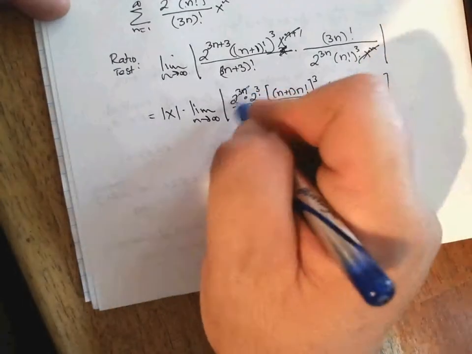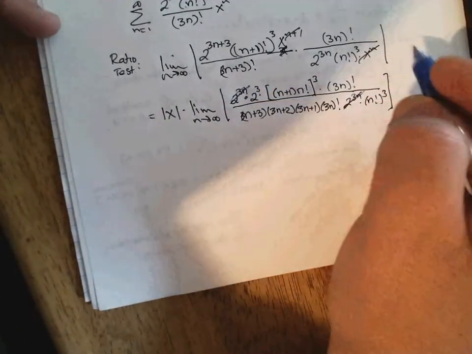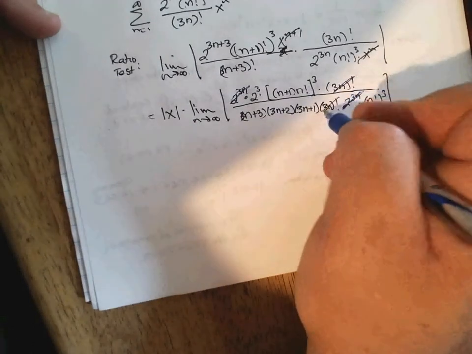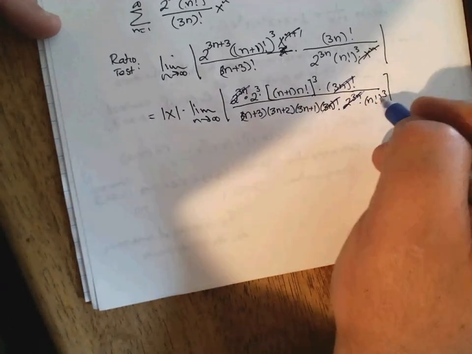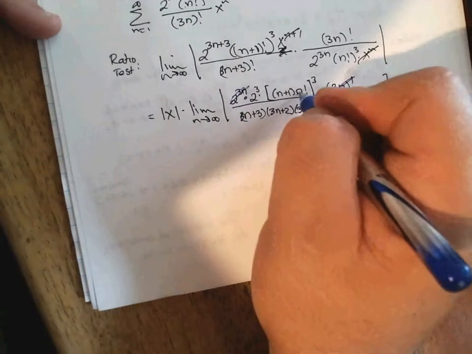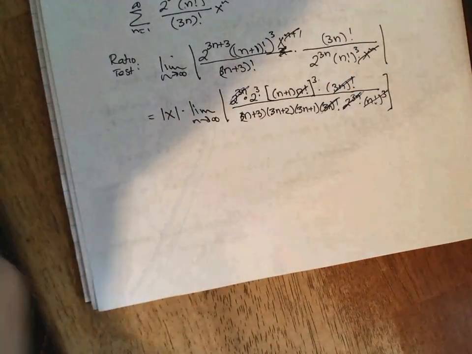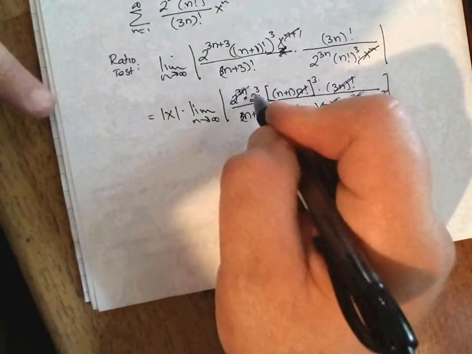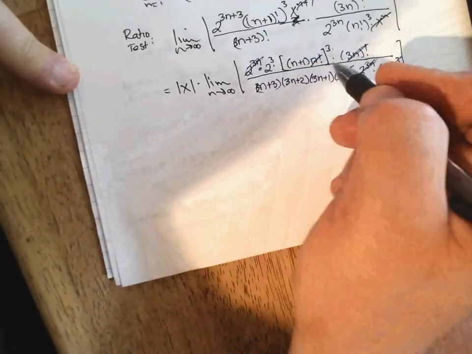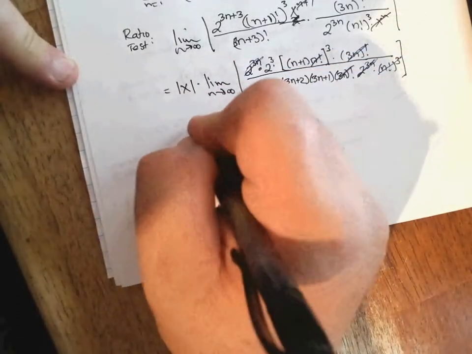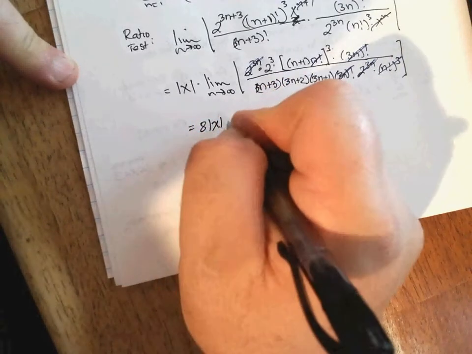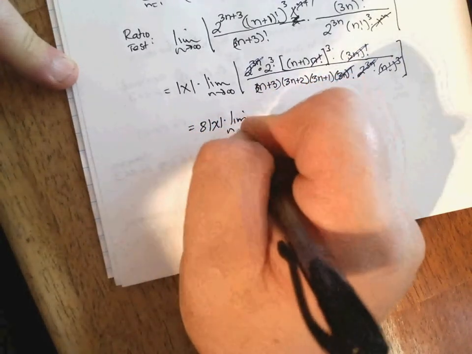Now let's go through the cancellations here. 2 to the 3n and 2 to the 3n cancel. 3n factorial cancels. n factorial cubed and n factorial cubed cancel. And so what we're left with is 2 cubed, which is 8, independent of the n's.